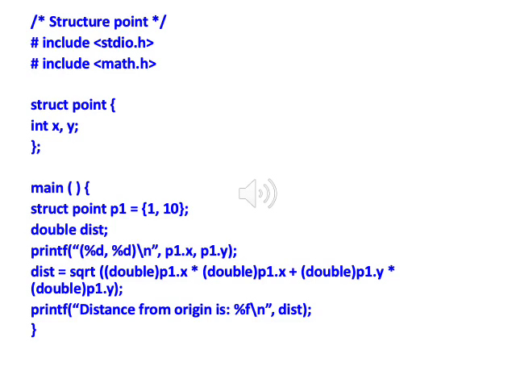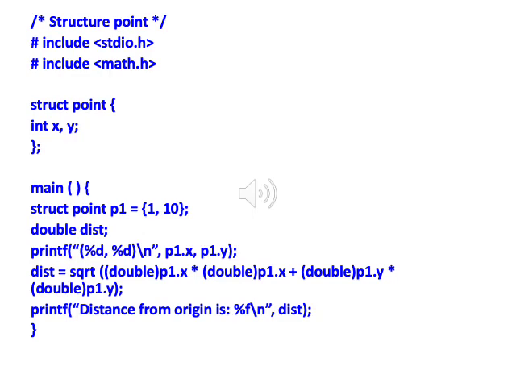Next, we can use these values of p1 and calculate the distance from the origin. We're using the square root, therefore we have the math function, and then the expression is x squared plus y squared.